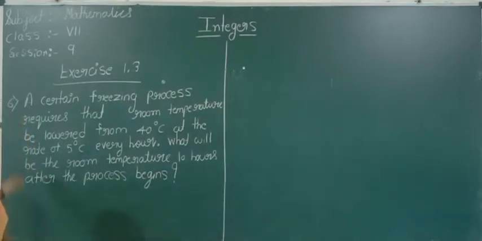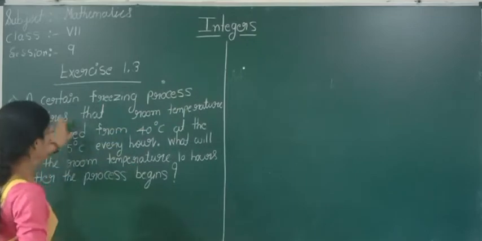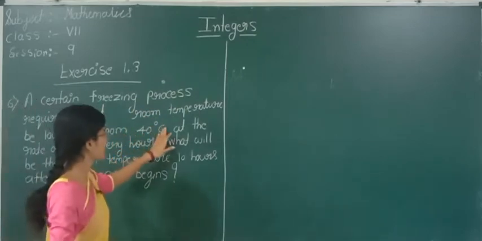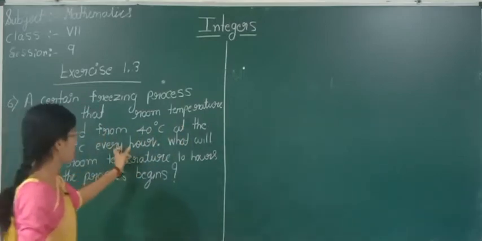See here, the sixth question tells us that a certain freezing process requires that room temperature be lowered from 40 degrees Celsius at the rate of 5 degrees Celsius every hour.